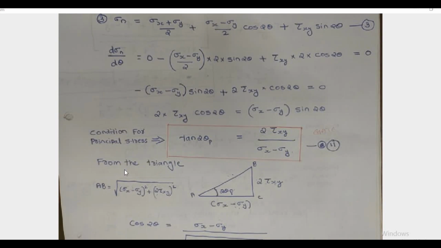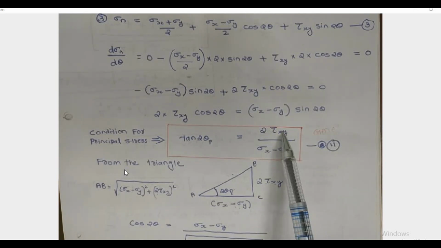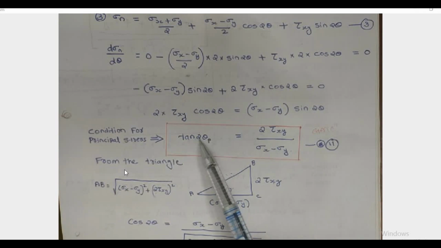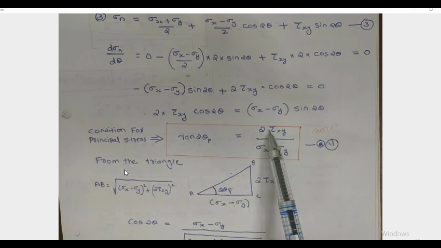In this equation, tan 2 theta p is equal to some numerator divided by some denominator. What is tan theta? For a right triangle, tan 2 theta is equal to opposite side by adjacent side. So if you consider a triangle with 2 theta p as an included angle, then the numerator will be the opposite side and the denominator will be sigma x minus sigma y.